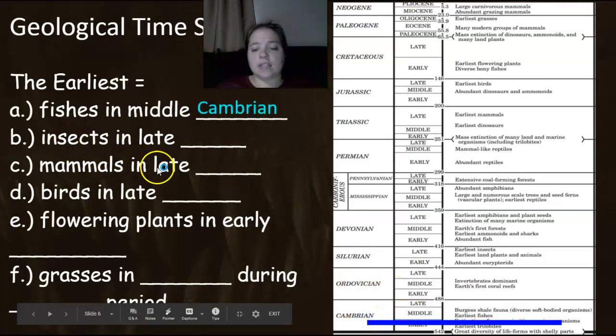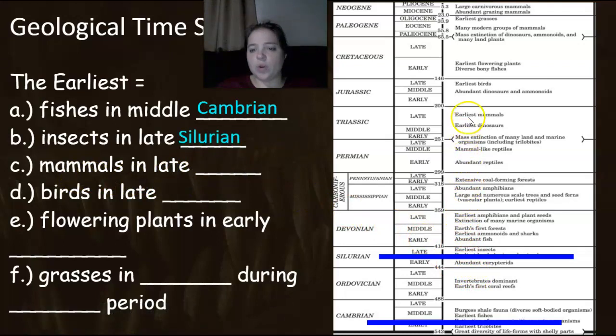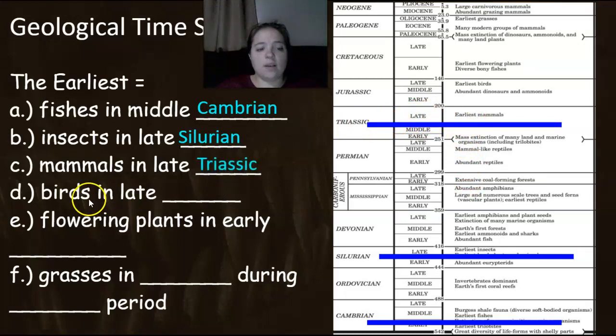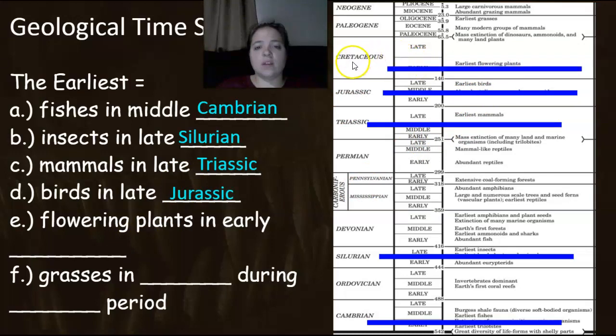Insects, earliest insects are in the late Silurian. Mammals, where are the earliest mammals? Earliest mammals, right there, late Triassic. The earliest birds are in the late Jurassic. Earliest flowering plants are in the early Cretaceous.